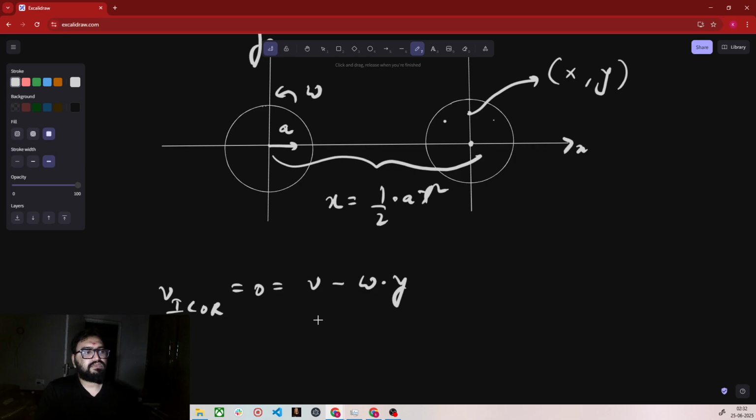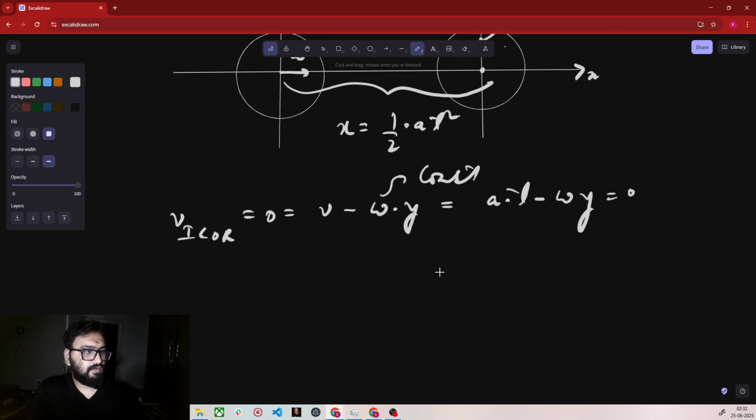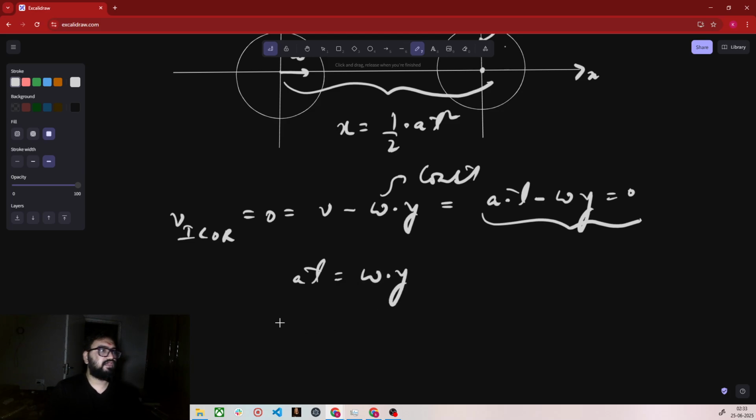Now here in this case omega is constant and this velocity is changing. Now what is velocity? Velocity at time t is a into t, minus omega times y. This is equal to 0. So from this equation I get a t equal to omega times y. Now what is t?